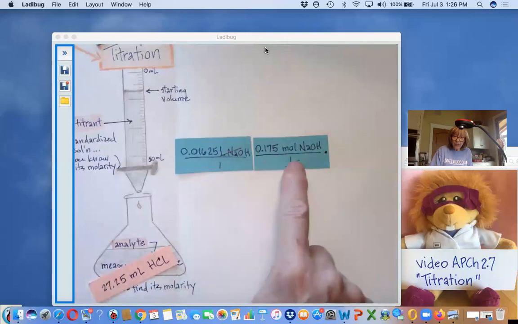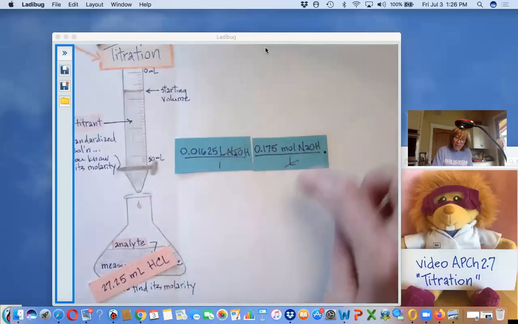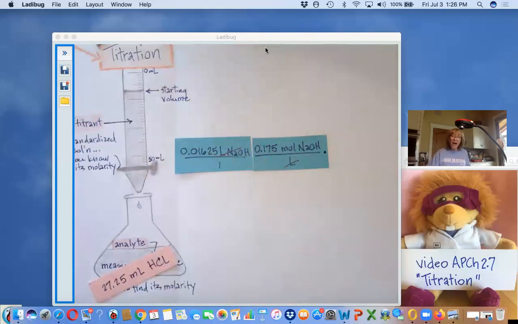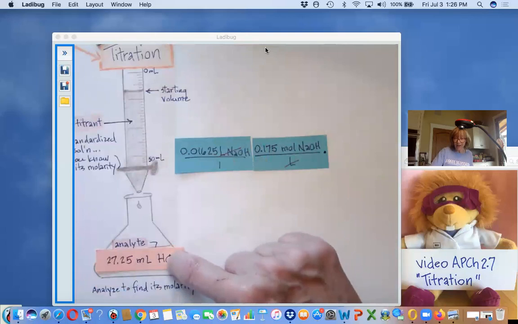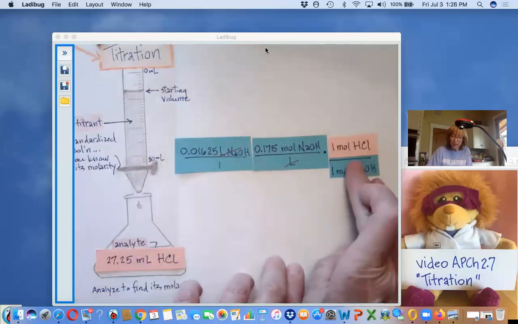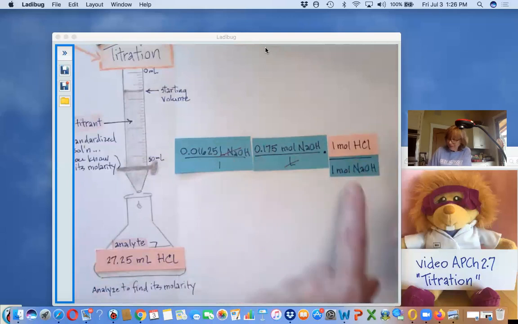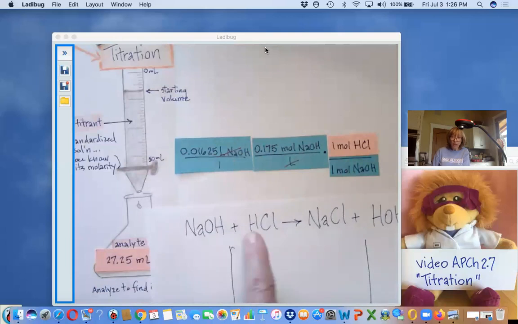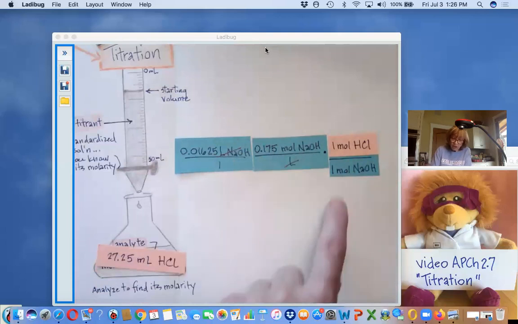If I stopped here, that would tell me how many moles of the titrant I used, but I'm really more interested in how many moles of the HCl were in the flask, so I'm going to apply my stoich step. And in this particular reaction, it is a 1-to-1 mole-to-mole ratio.